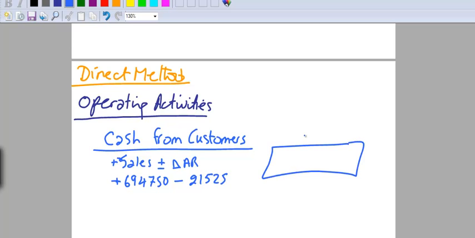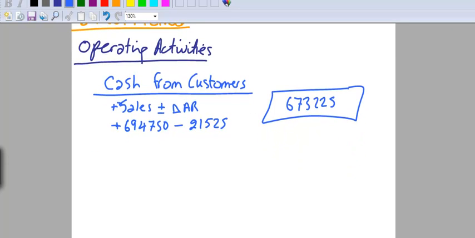The answer to the first one is 694,750 minus 21,525, and this number is 673,225. I'm going to do the same reasonability test afterwards if my operating activities don't balance, because the indirect method is going to assist me.